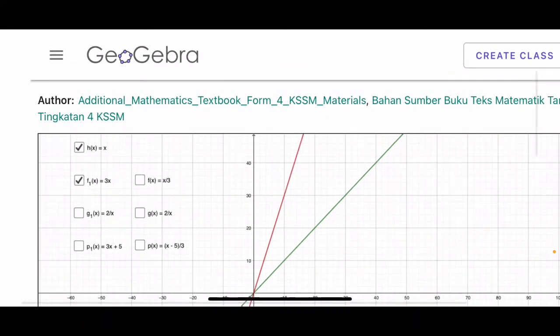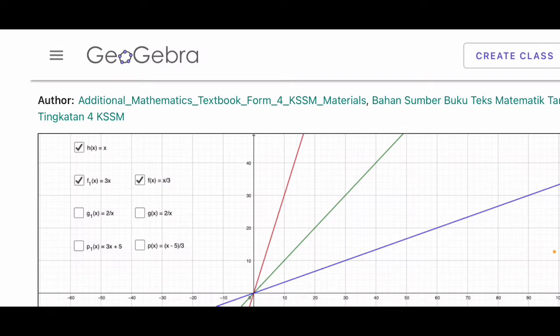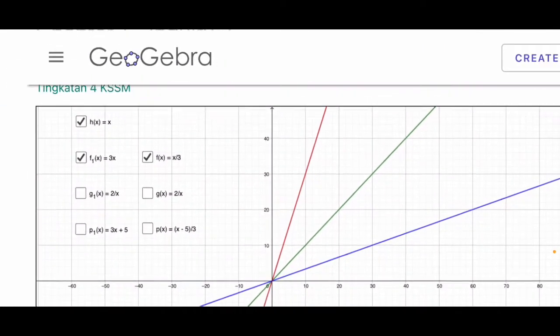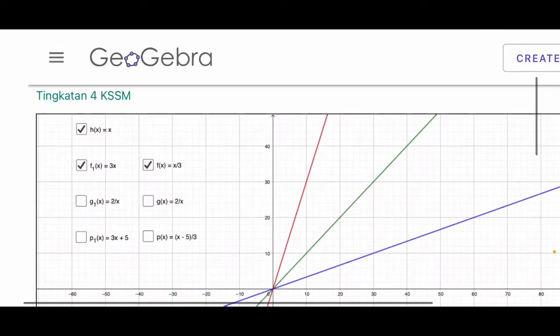Now I'm going to click another one, the function just to the right of the red line. This is another function, f(x) equal to x over 3. You can see that these two functions, the red one and the blue one, are symmetrical about the line h(x) equal to x.